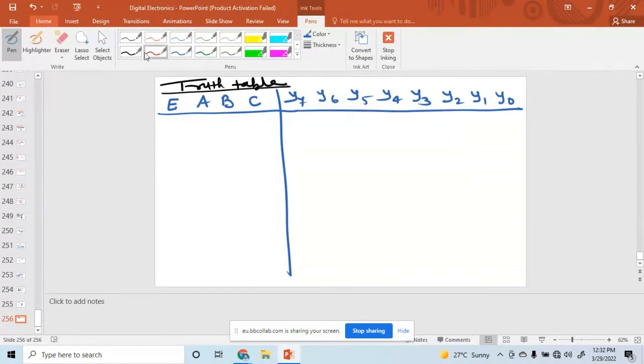And what is the condition? When the enable line is 0, it does not matter what the input ABC is, the output is always 0, 0, 0, 0, 0, 0, 0, 0.